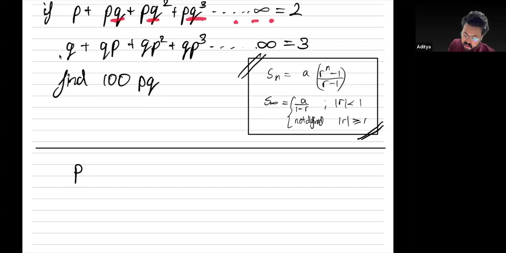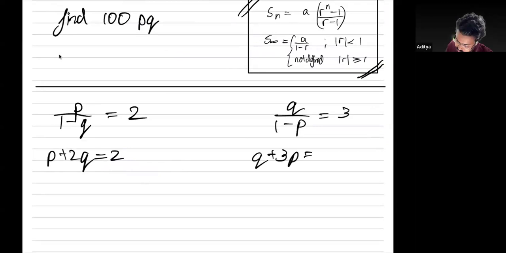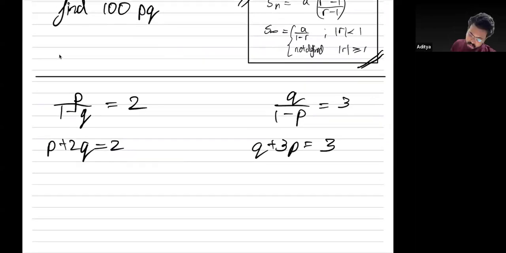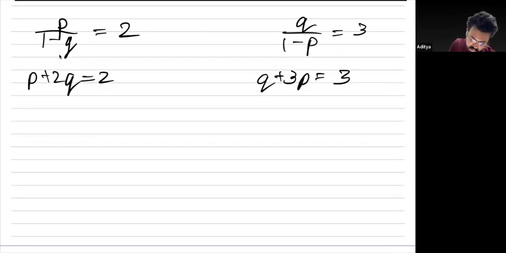So when written together, this equation becomes p plus 2q equal to 2, and q plus 3p equal to 3. After that, it's really easy to just solve them. A better way to write this, in my opinion, is to keep the 1 over here and put 2 and 3.